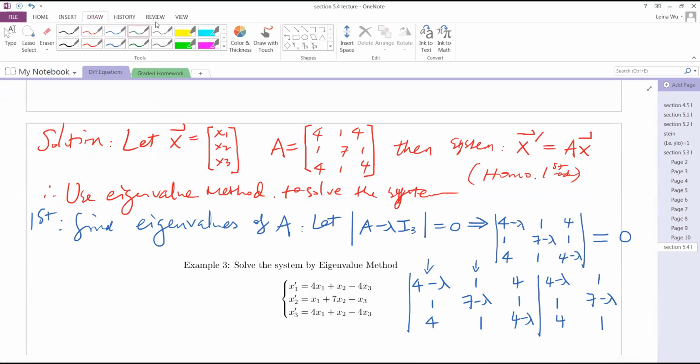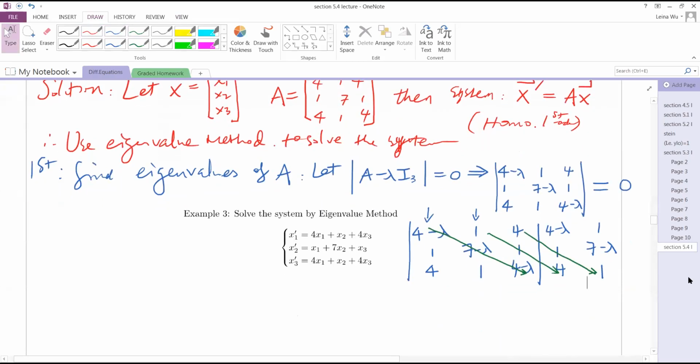Okay, and I'm going to do the big work here. I'm going to do rightward multiplication, so this arrow and this arrow first.